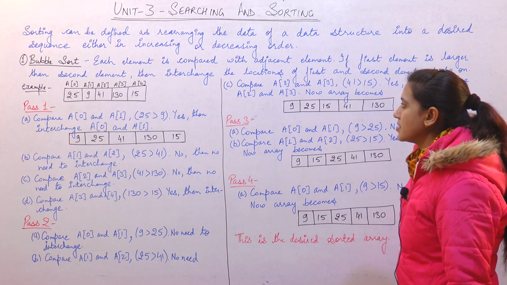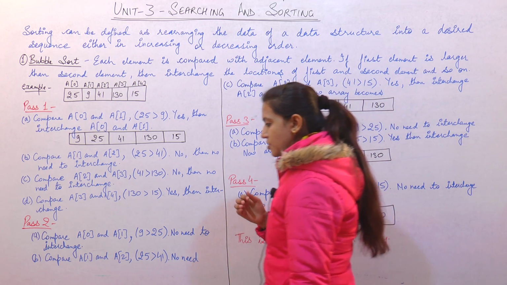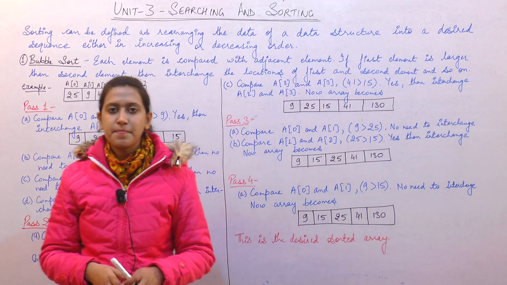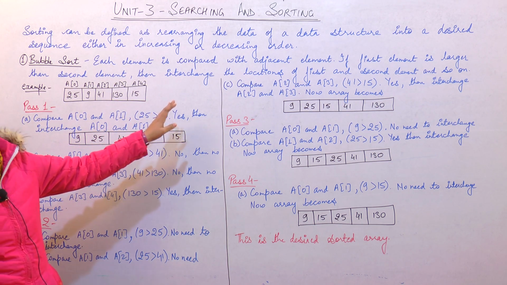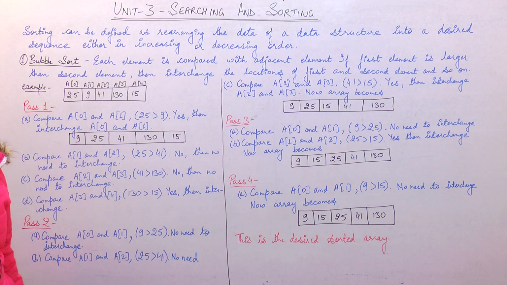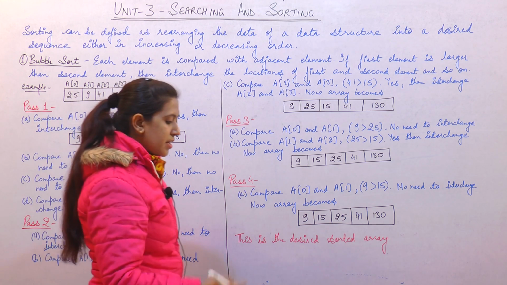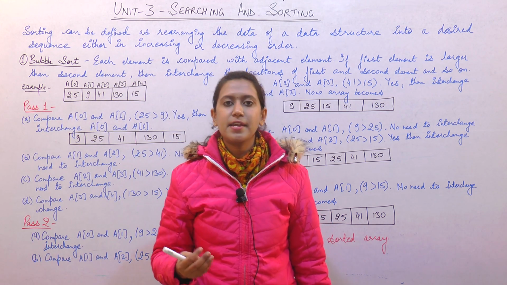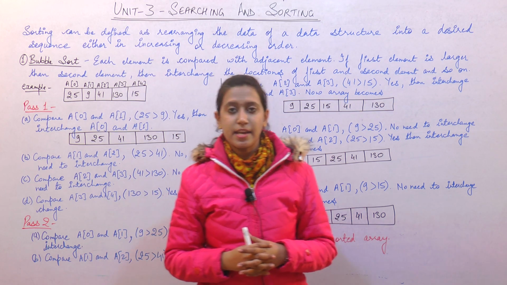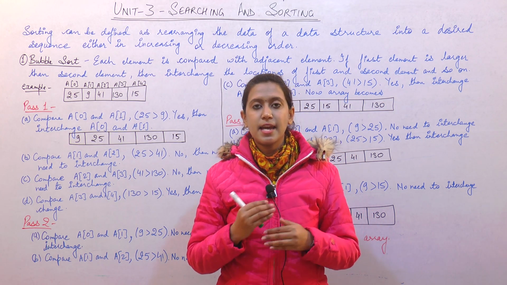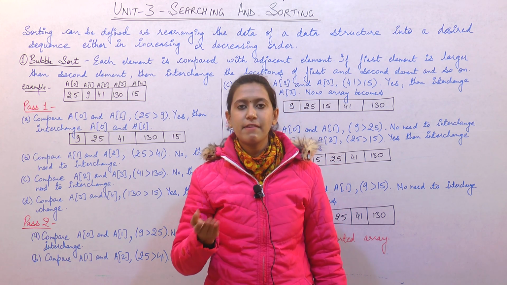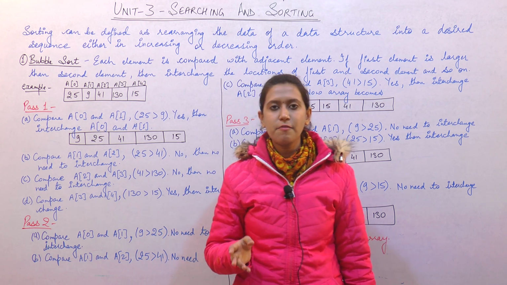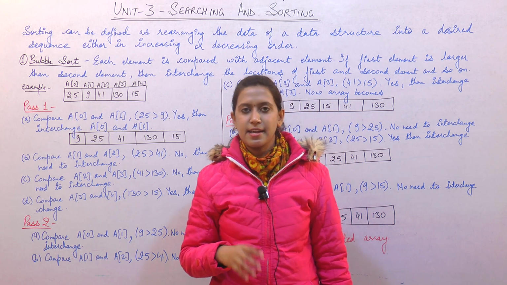Bubble sort is a technique in which each element is compared with the adjacent element of the array. If the first element is greater than the second element, then we interchange the position of the first element and the second element.